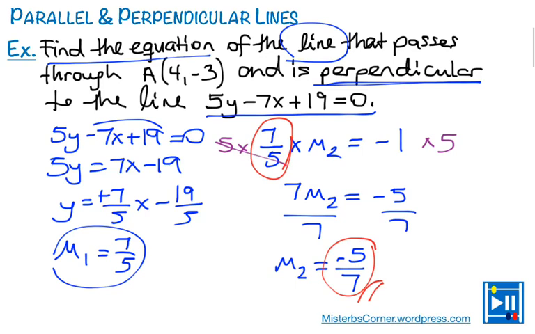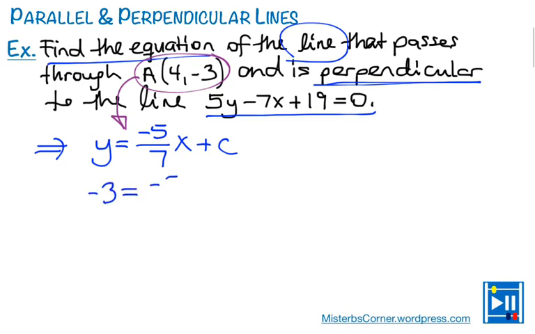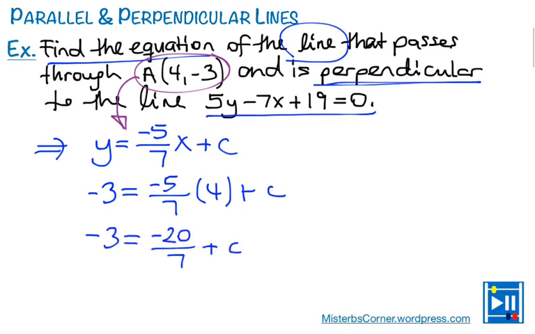Now, I'll write the equation as y equals minus 5 over 7x plus c, and substituting the coordinates of the point that the line passes through, I'm going to be able to find c. So it's minus 3 equals minus 5 over 7 times 4 plus c. From here I'll get minus 3 equals minus 20 over 7 plus c.